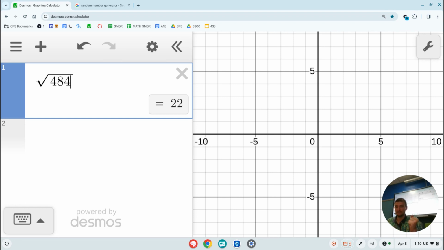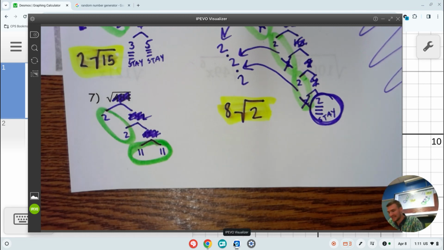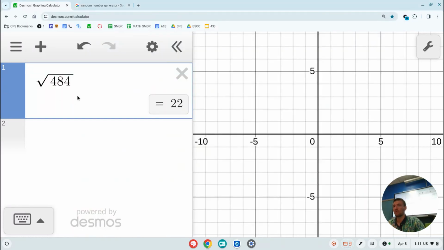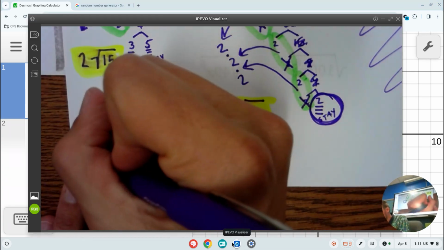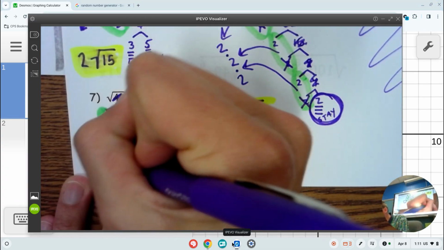Okay? So 484 is already perfect. You don't have to do this process that we just did of breaking it down. If you notice early enough, or if you try it before you start and you see 22, that's the answer. The answer is just 22.